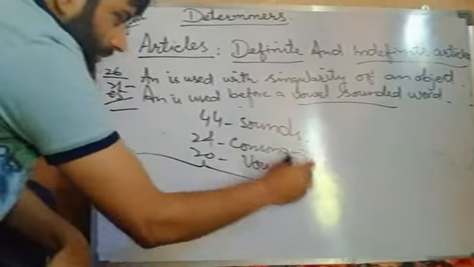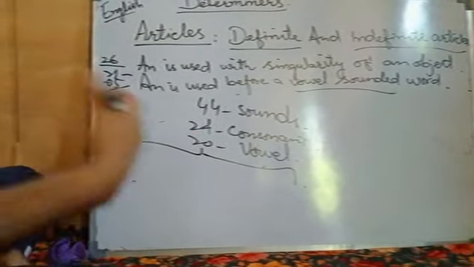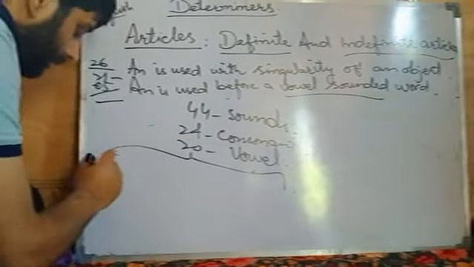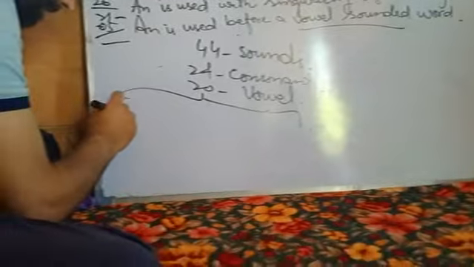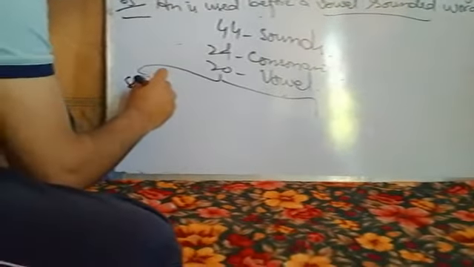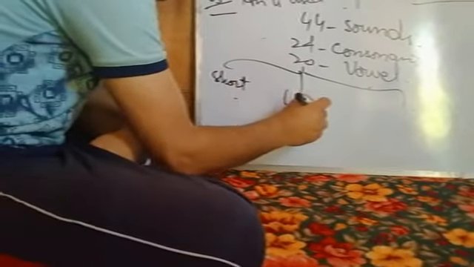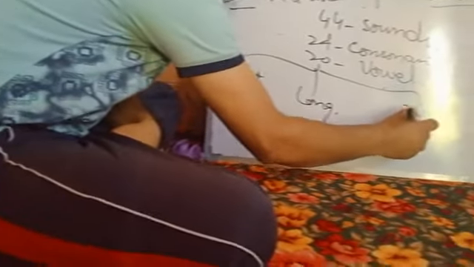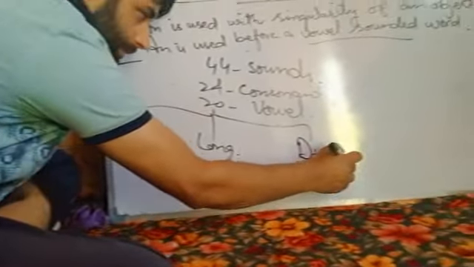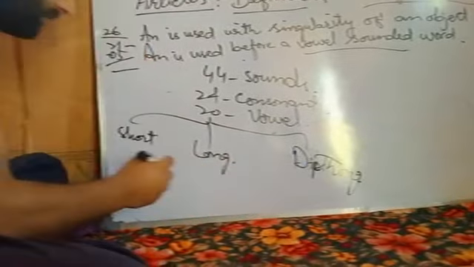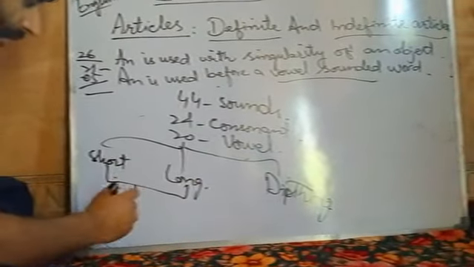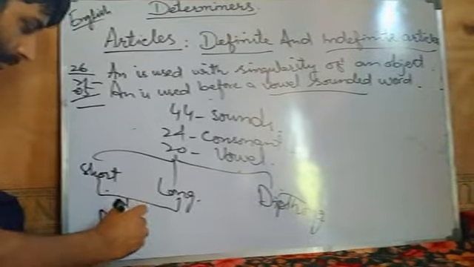Vowels are further classified into three: one is short vowels, another is long vowels, and the third is diphthongs. Short and long vowels are known as monophthongs.